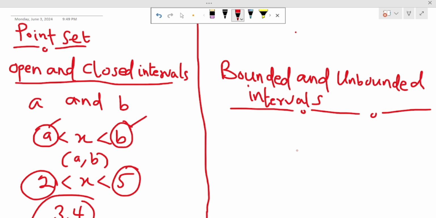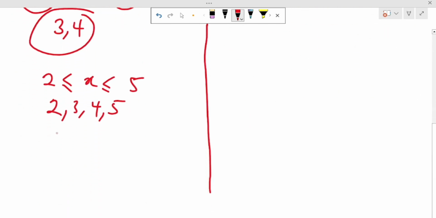Also, I forgot to talk about this. For closed intervals, we write it with square brackets, 2, 5.